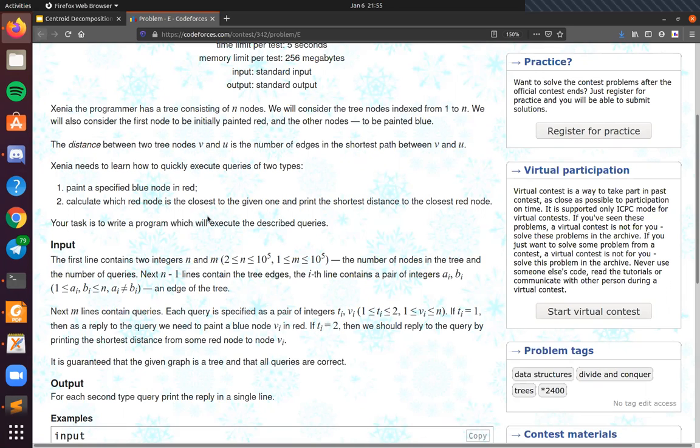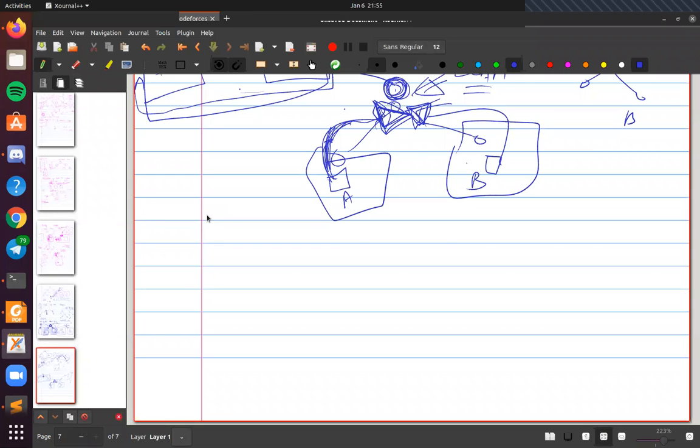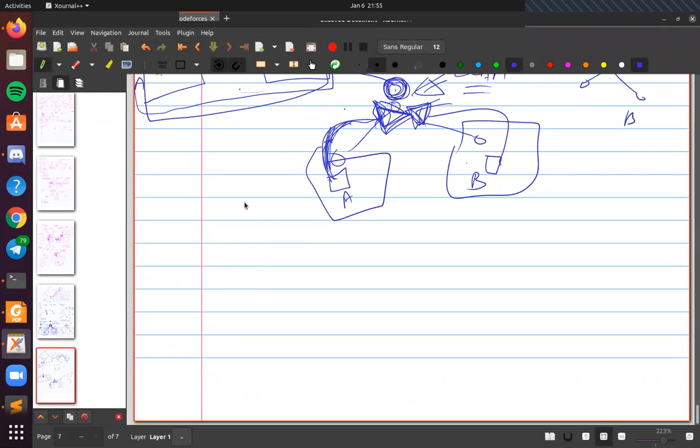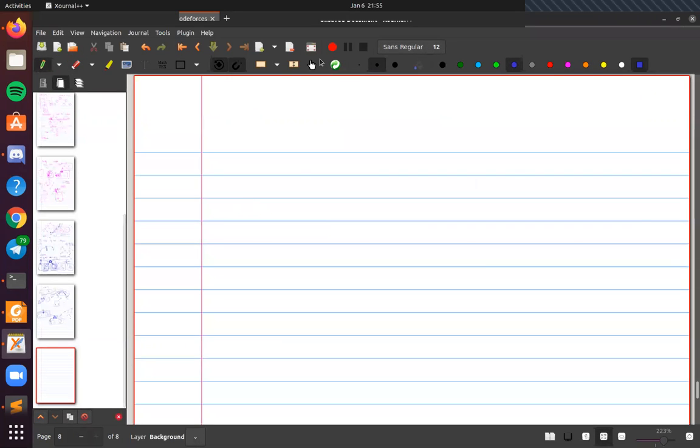We just need the closest red node to each centroid, right? Then we can check every ancestor of the current node and check the answer. But why should it work? Yeah. So let's say we are able to process query one, and we calculate for every centroid what is the closest red node.